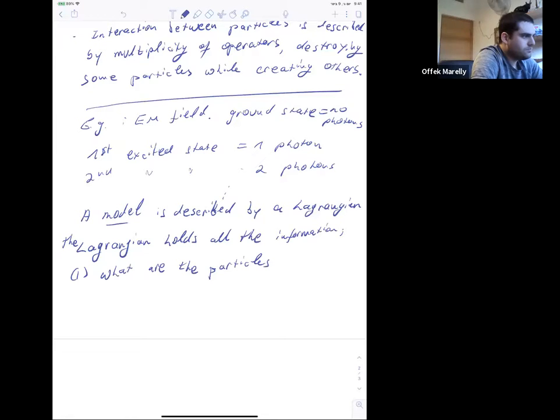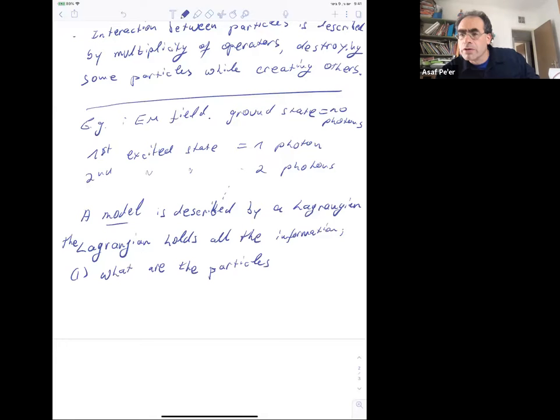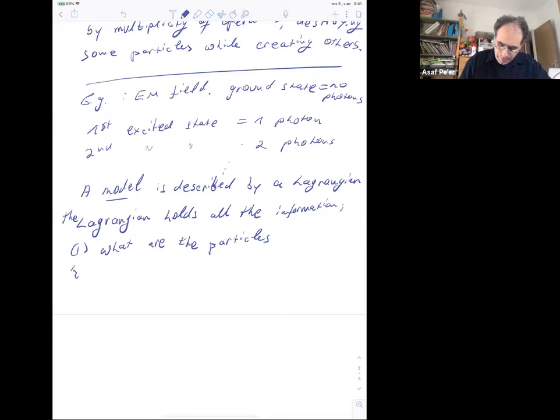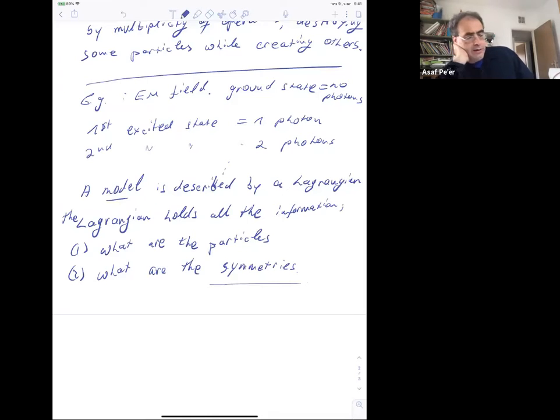Yes, okay, good. What are the particles? And the second one is what are the symmetries. All the symmetries are derived from the allowed terms in the Lagrangian, in particular the interaction. I'm going to explain in a few minutes what it means exactly.